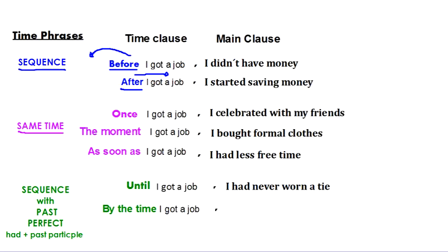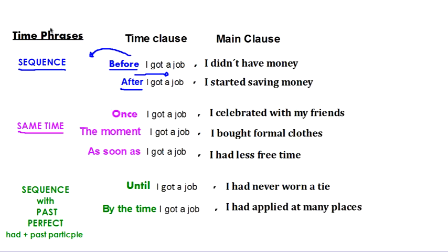Okay? So I can use this in the idea that I'm thinking, well, never in my life had I worn a tie until I got a job, and then I started to wear a tie. Okay? Again, I can use by the time, and that's like another way to say before almost. So, by the time I got a job, I had applied at many places.